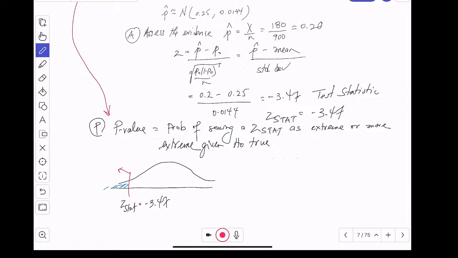That's the probability that I want. What does that tell me? That tells me the chance of seeing a Z statistic like that. So what's the probability of seeing that? Now I have to go to the Z table to see that, or use Excel. Or if you guys have figured out how to do this on your calculator, that's good too.